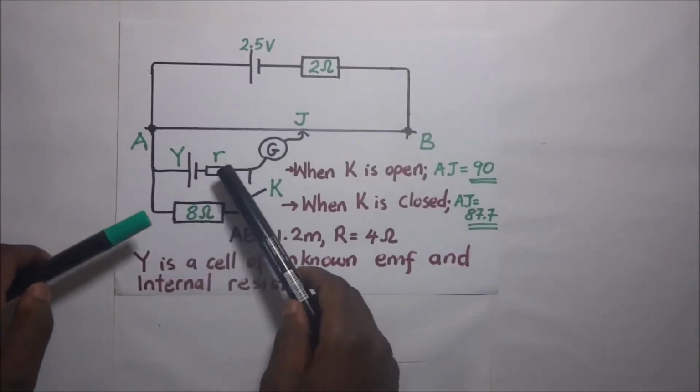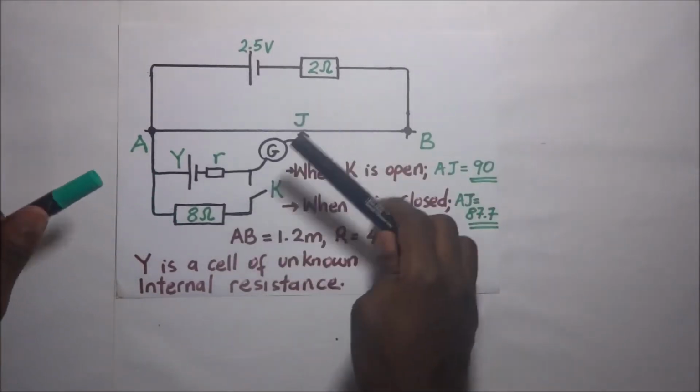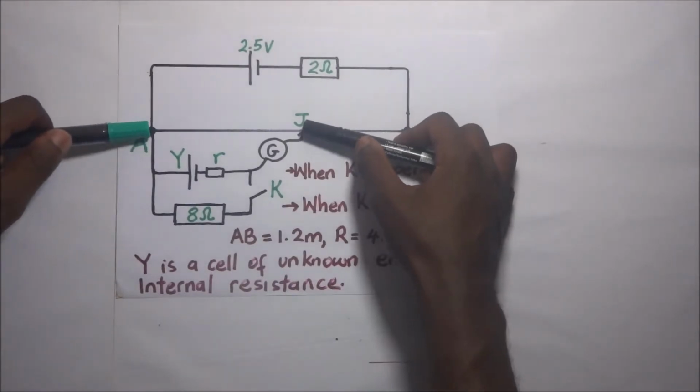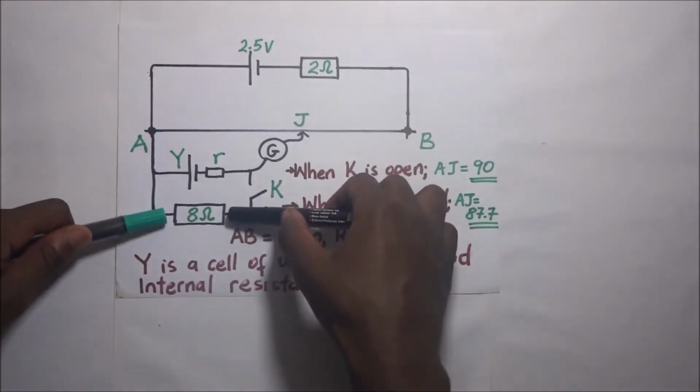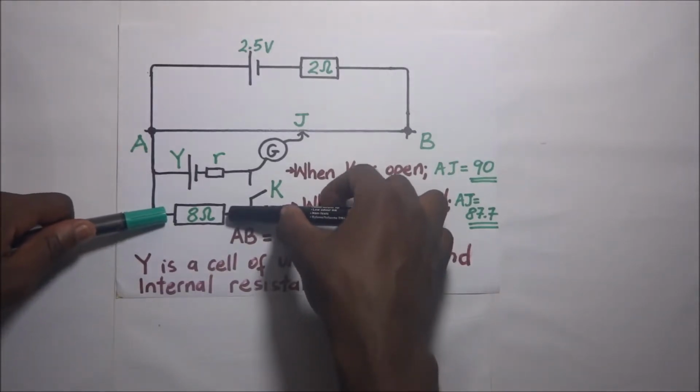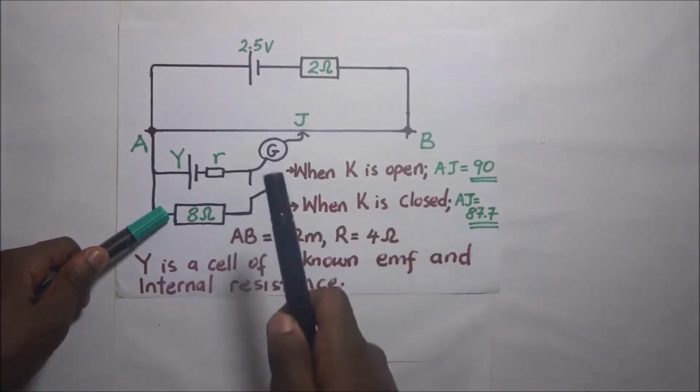So for us to get the value of R, we should take note that the potential difference across this balance length at balance is equal to the potential difference across that 8 ohm resistor. That is one thing we are going to use to help us get the value of R.